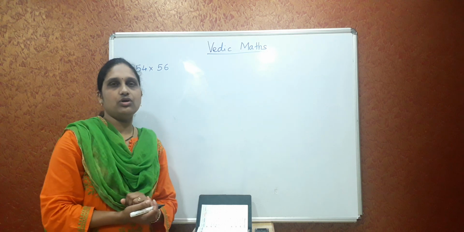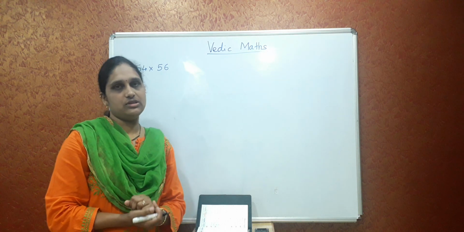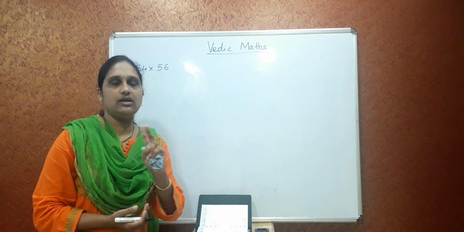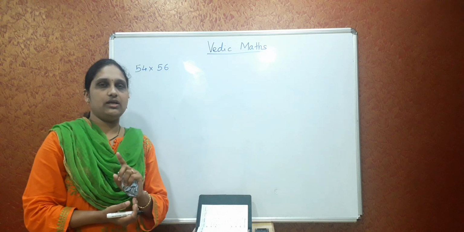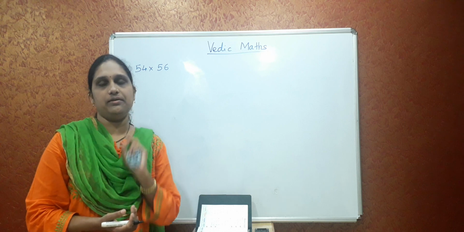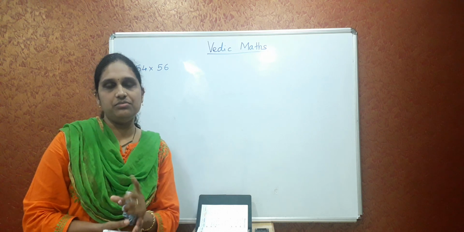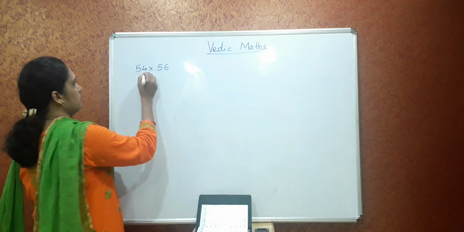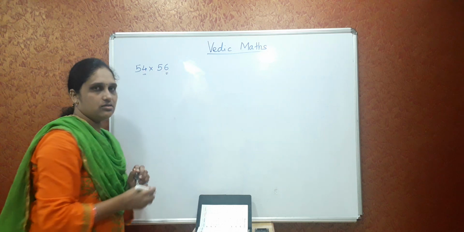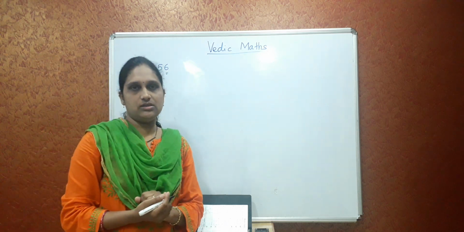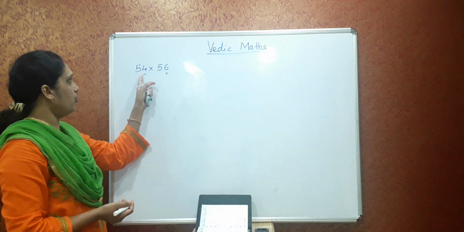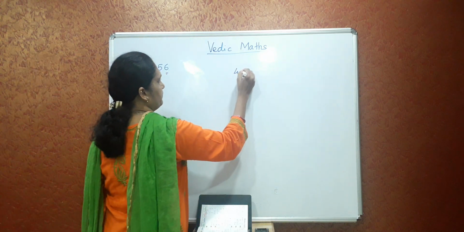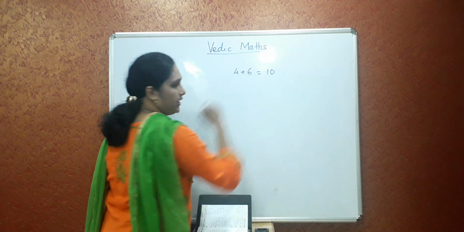In this method, what to observe, and when to use this method? For this there are two conditions. First one is your units place addition should be 10. Listen one more time. Your units places are 4 and 6, so the units place addition should be 10. 4 plus 6 is 10.